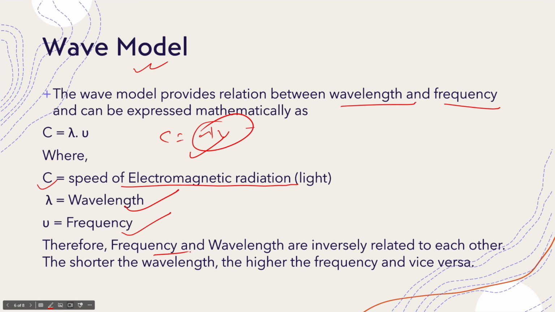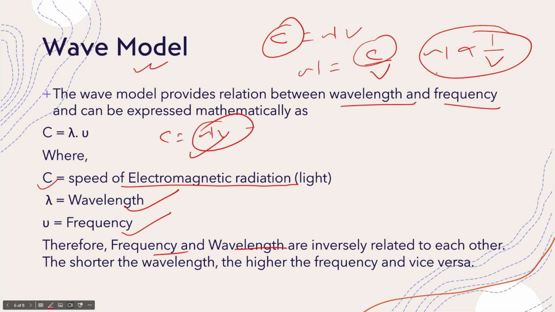C is a constant, so we can write λ = c/v, meaning lambda is inversely proportional to 1/v. So they are inversely proportional to each other. If the wavelength of the radiation is larger, then its frequency is low, and vice versa.